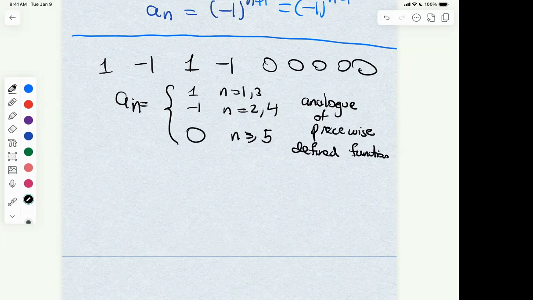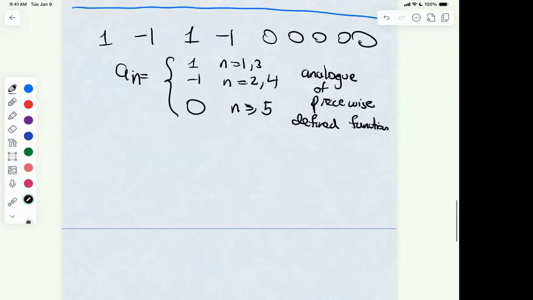In fact, now that I brought up the word function, there are somewhat graphical representations of a sequence you can do.